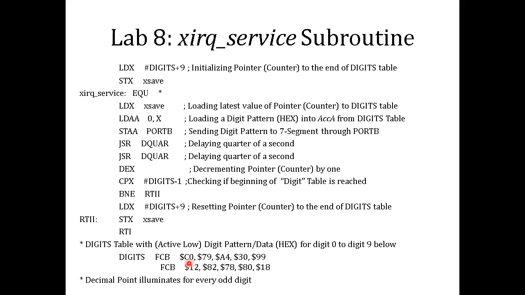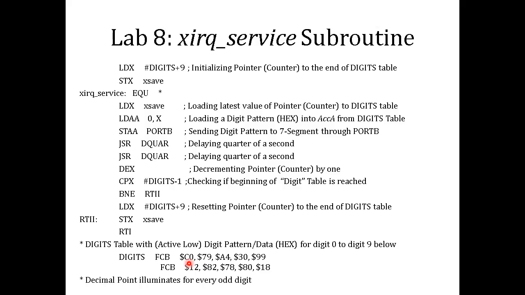Remember in the last class, we showed you how to highlight F. For F, we wrote a hex number and then sent that hex number to port B. This is exactly the same thing. So think about C0. If you write C0 in binary, it is 1100 0000. So this is your C0 in binary, right?